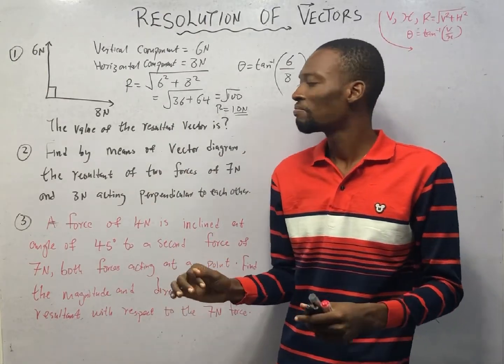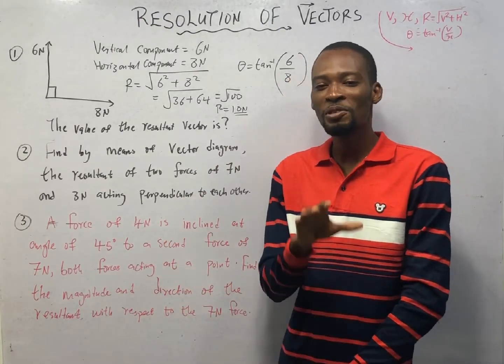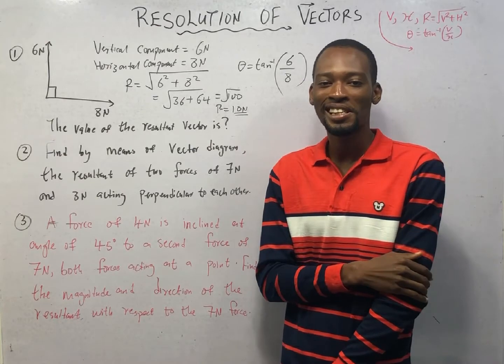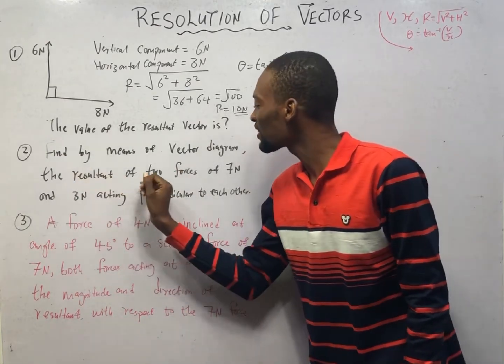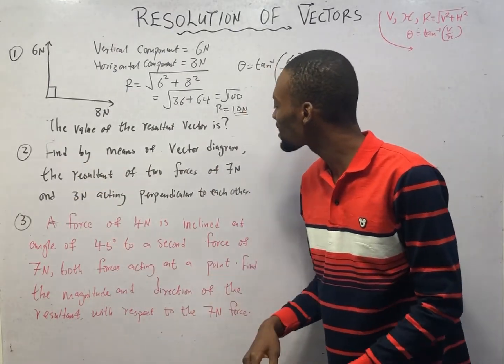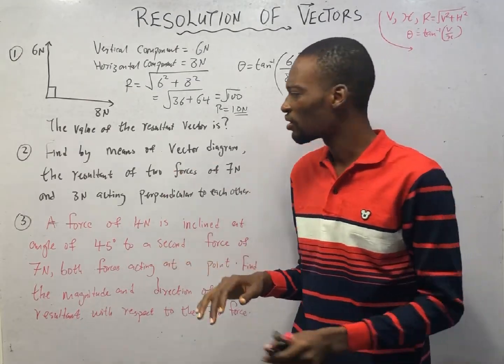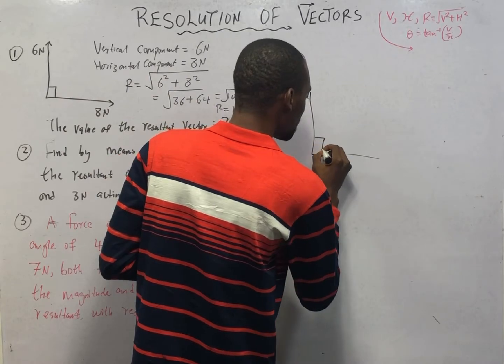Ladies and gentlemen, don't let all these things disturb you. Let not your heart be troubled. Believe in yourself and understand the clues. Find the resultant of two forces of 7 Newton and 3 Newton acting perpendicular to each other. That is simply the question. So perpendicular means they are acting at 90 degrees.